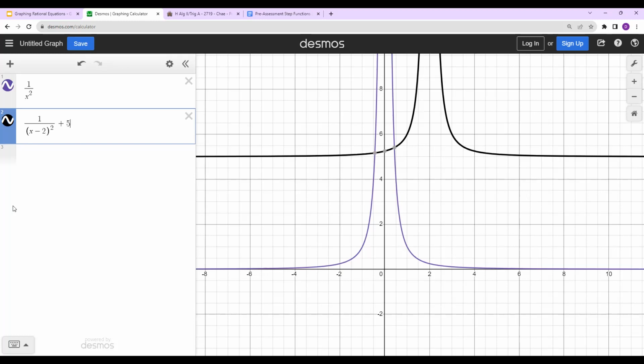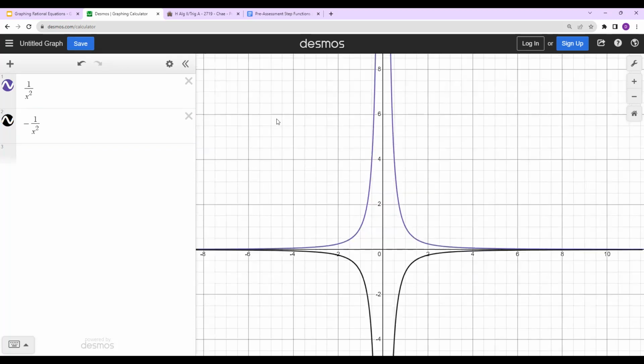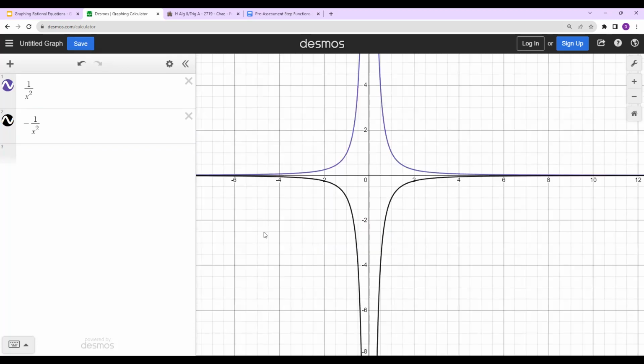Okay, then what if I put a negative on the top, let's go with negative on the parent, -1/x²? What does that do? It reflects over the x-axis, right? We good?